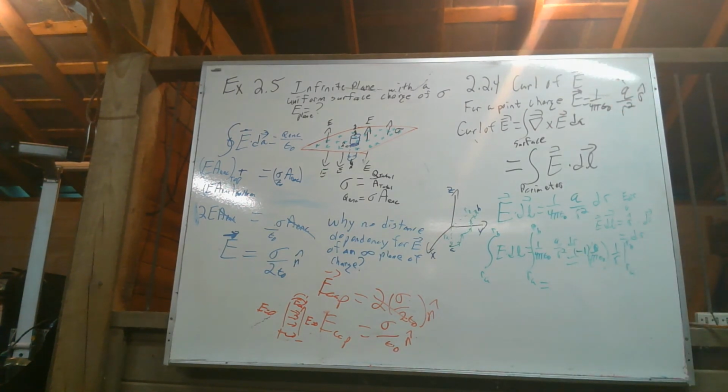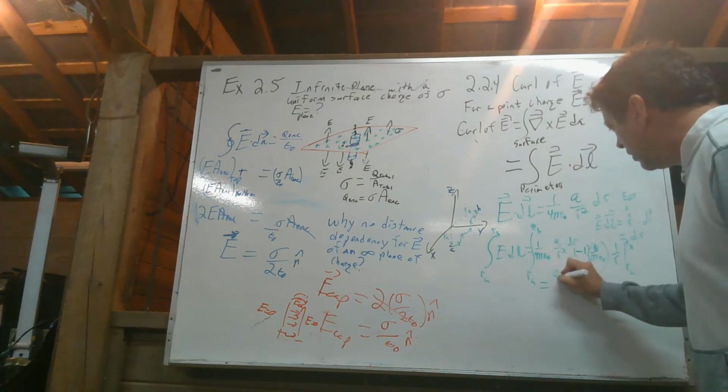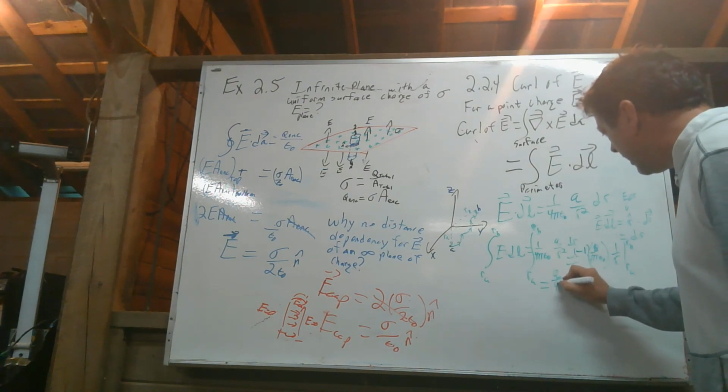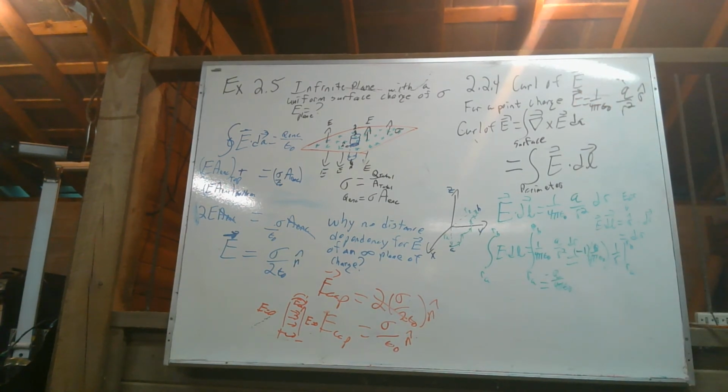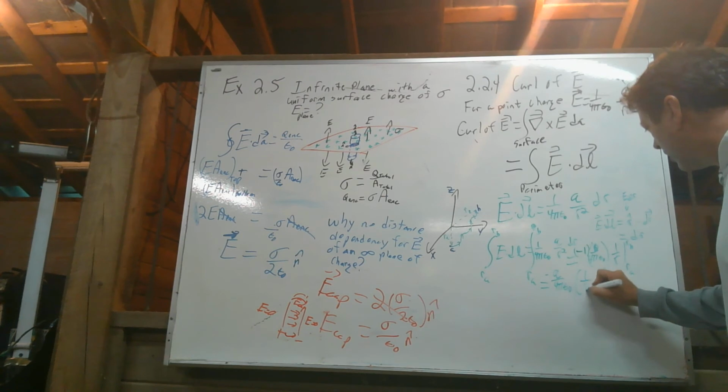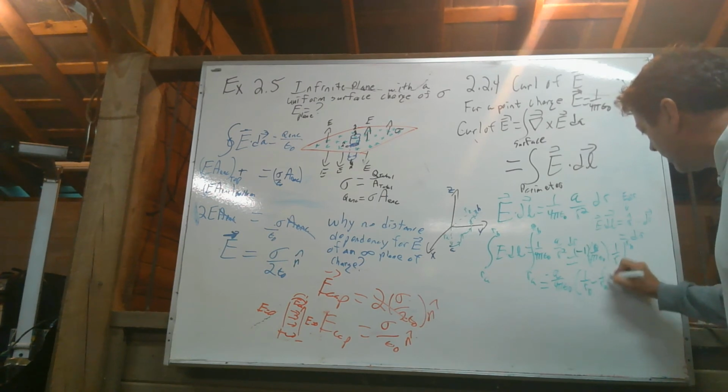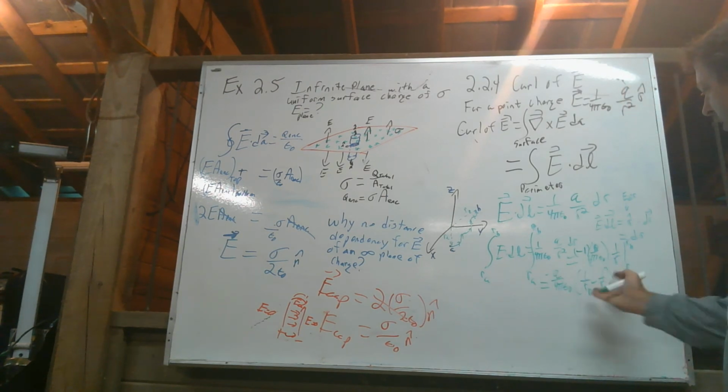Well, when you do that, you get q over 4 pi epsilon naught. Negative still is going to be out front. 1 over r sub b minus 1 over r sub a. I could run the negative through and switch those around. Doesn't matter, actually.